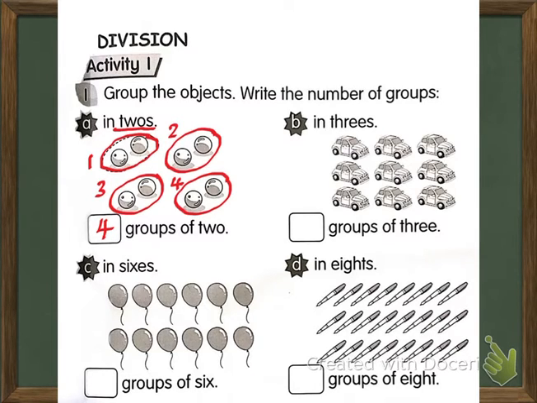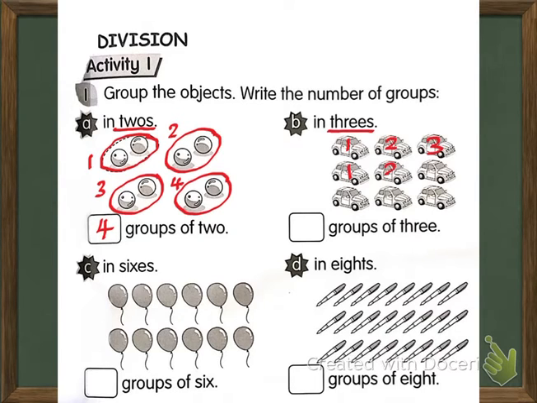Go to the next example. B, in threes. In threes means each group has 3 objects in it. So we have to divide this in threes. How to divide it? We put number 1, 2, 3. Here is number 1.